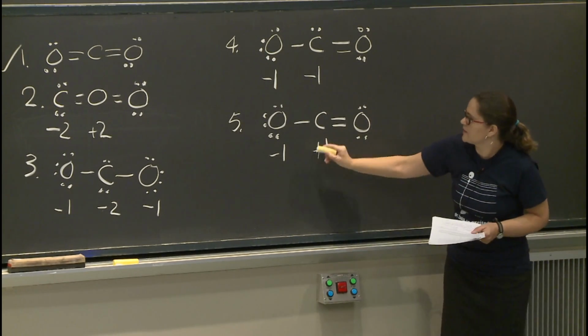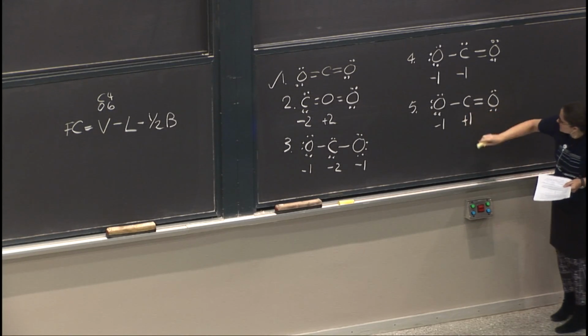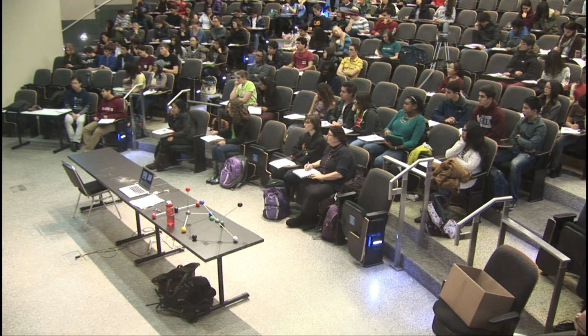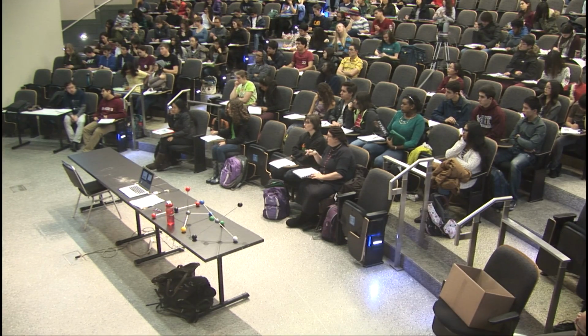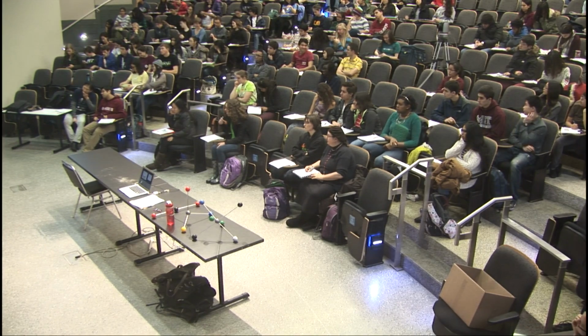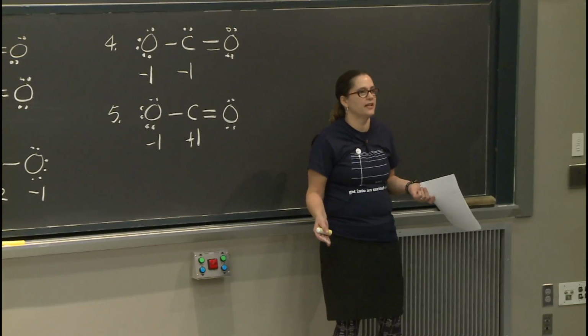So this is not 0 like that one is up there, but also something else is wrong. What else is wrong with that structure? What's wrong with the carbon? Right, so it has an incomplete octet. And so sometimes you can have an incomplete octet.